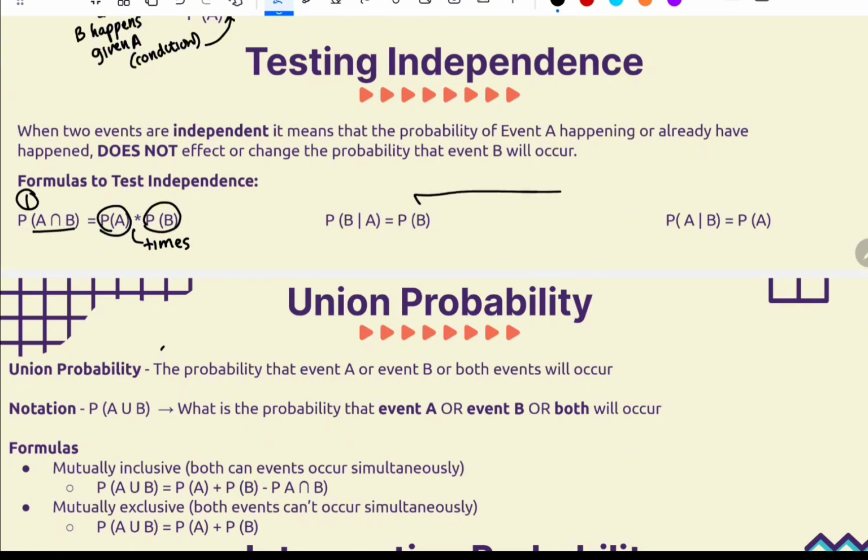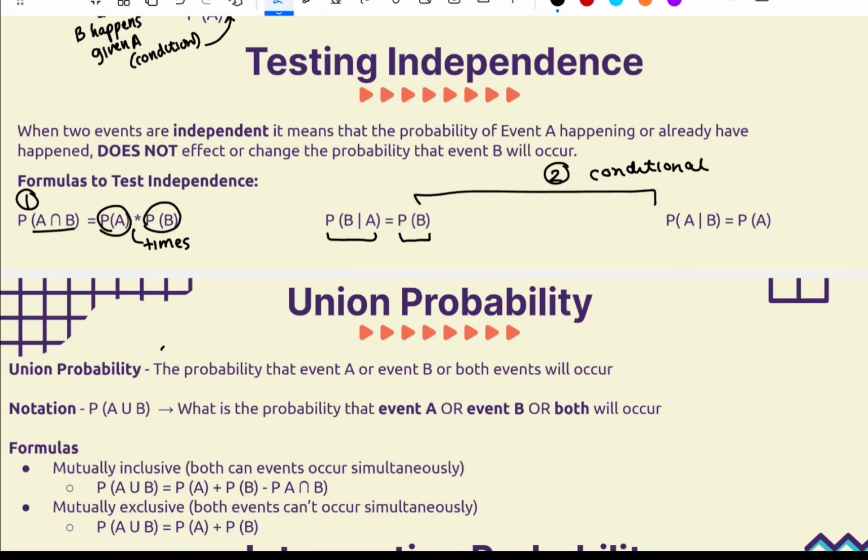The next way that you can test it, and I wrote it here in two different ways, is through conditional probability, seeing whether the conditional probability is equal to the probability of the second event. Not comparing it to your condition. You're comparing the conditional probability to your second event happening.